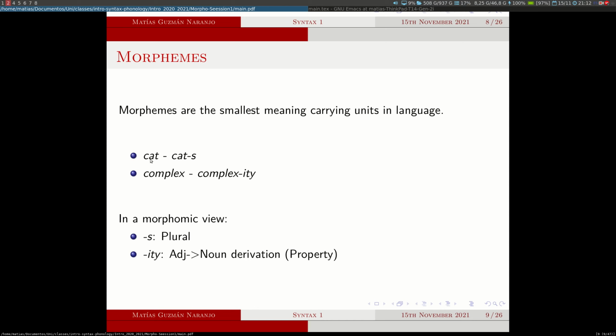So here you have two pieces for cats, the part that means a cat and the part that says it's plural. For complexity, one part is clearly complex or relates to the word complex, and -ity clearly doesn't, it's doing something else. In this case, cats is inflection, it's put in a plural from a singular, and -ity is derivation. It's building a noun from an adjective. So complex is an adjective, complexity is the property of being complex, and it's a noun.